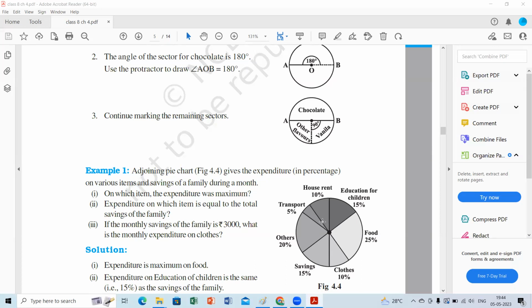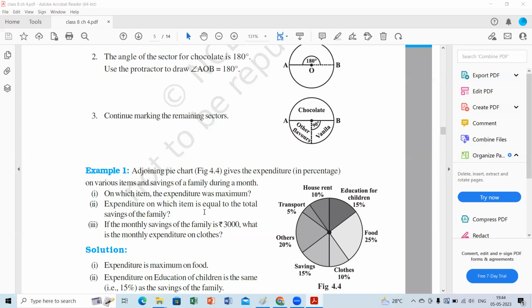There is no constructing part here, because by looking at the given data you have to answer the question. So expenditure was maximum on which of these, children? 25%, right? The family is spending 25% on food. So you have to write that part also, children.